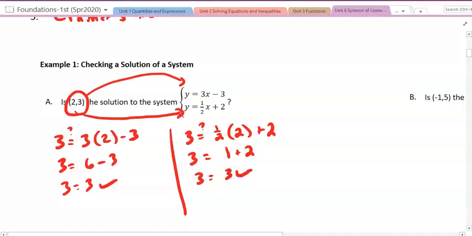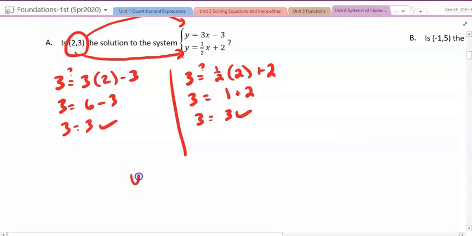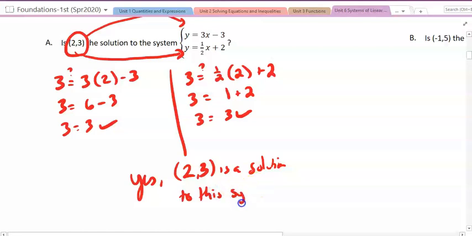So is (2, 3) the solution to this system? The answer is yes. (2, 3) is a solution to this system. Right? We haven't done any graphing yet, right? So all we've done is looked at ordered pairs and plugged them into an equation so far.